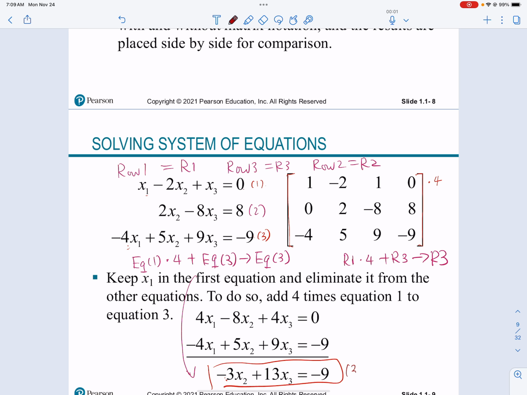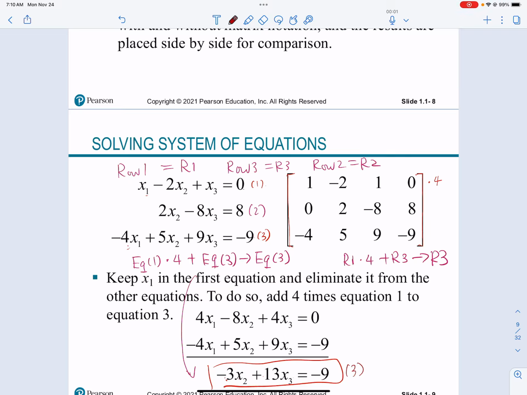This is the new equation 3. Are you with me? So the new equation 3 has no x1 anymore. We only have x2 and x3 here. So x1 is gone.